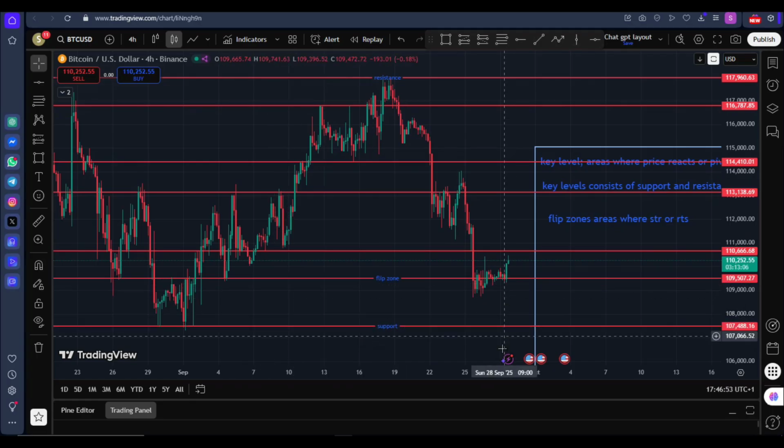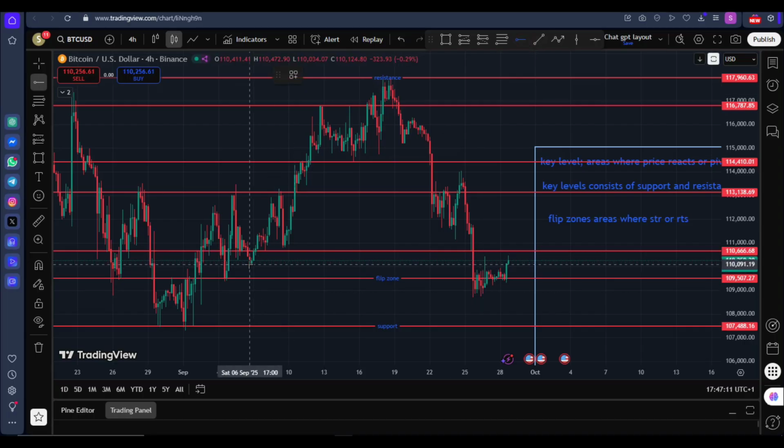But here, which is where price currently is, our flip zone, this is a mini key level, which I usually call my liquidity. See, it swept it and then entered into this demand zone.